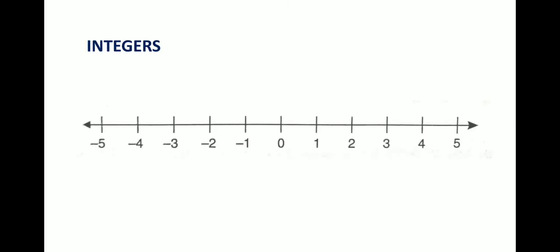And in case of integers, we have the number line which moves on to both sides, towards positive infinity, having 0 in the middle, and it moves on 1, 2, 3, 4, 5, up till infinity. And similarly, -1, -2, -3, -4, -5, all the negative integers, which move on towards the negative infinity.